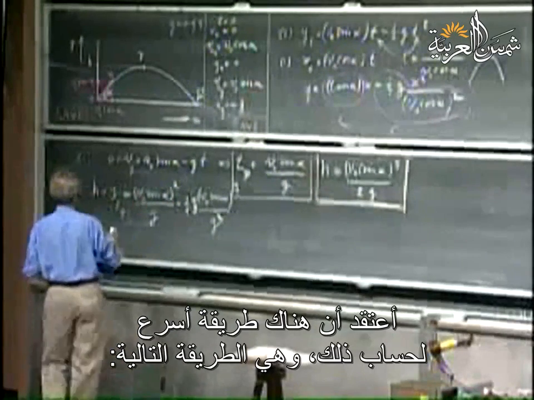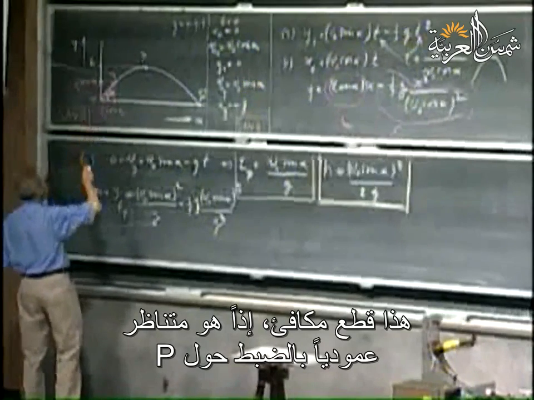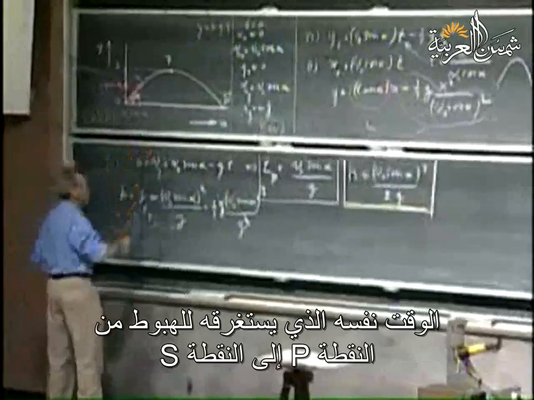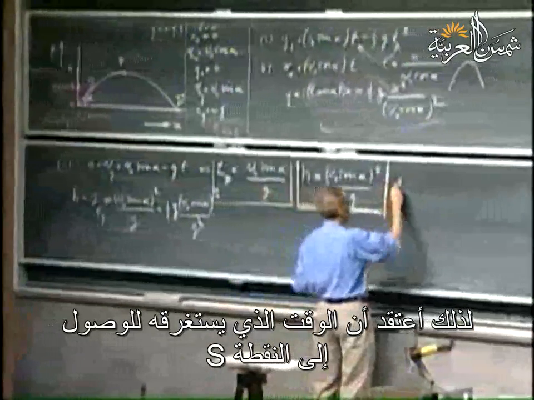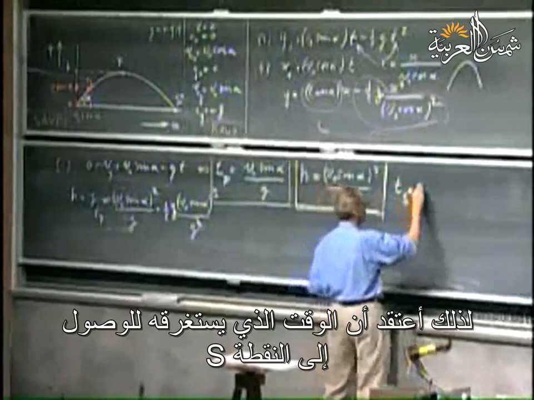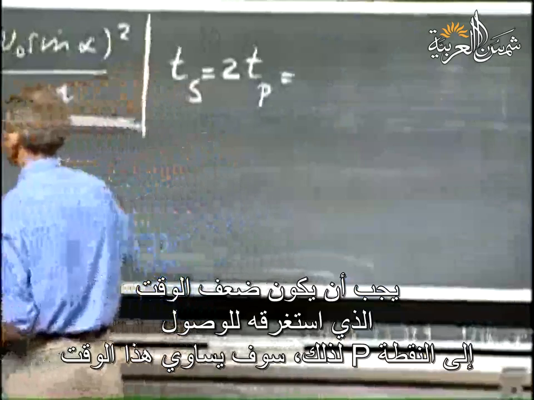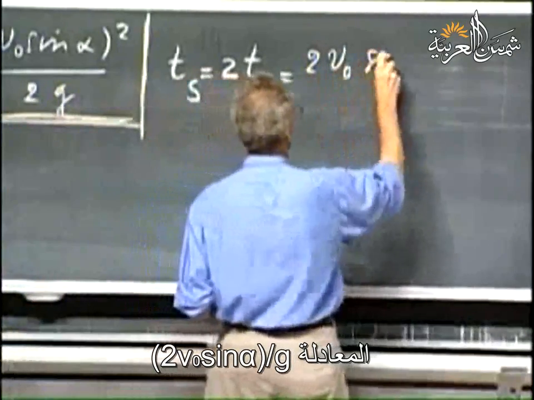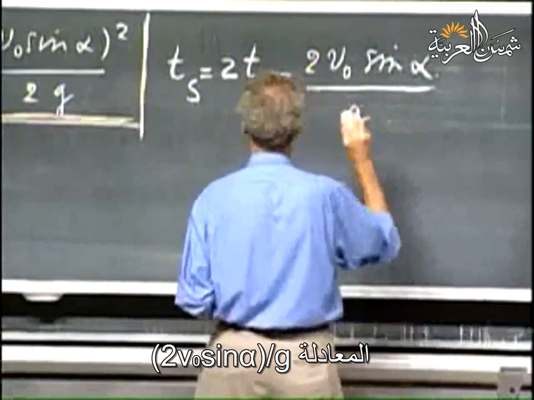This is a parabola, so it's completely symmetric about the vertical through P. So to climb up from O to P must take the same amount of time as to go down from P to S, and so I claim that the time to reach point S must be twice the time to reach point P, and therefore it's going to be 2v0 sine alpha divided by g.